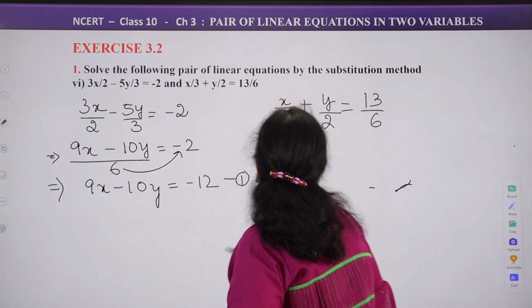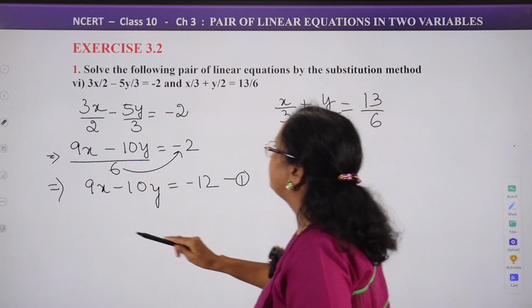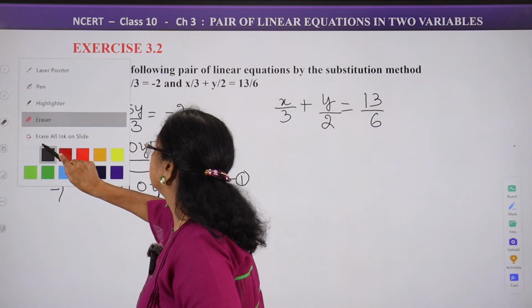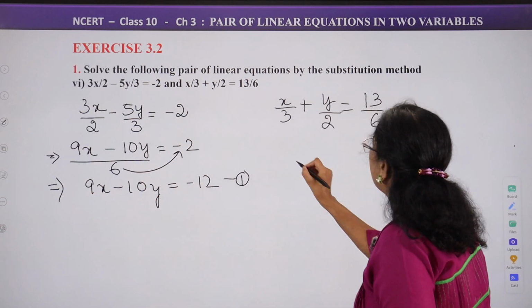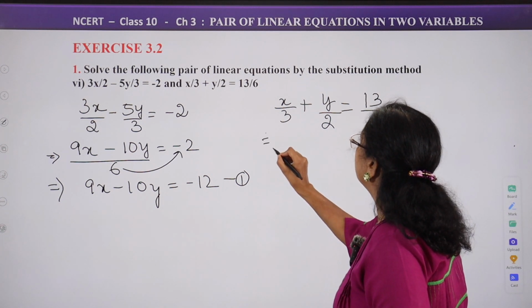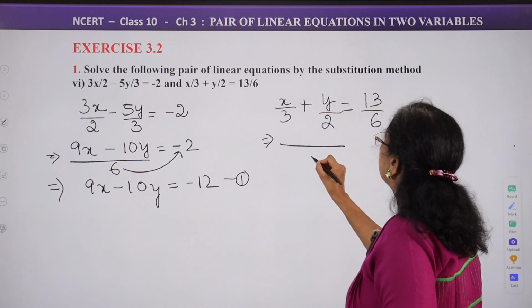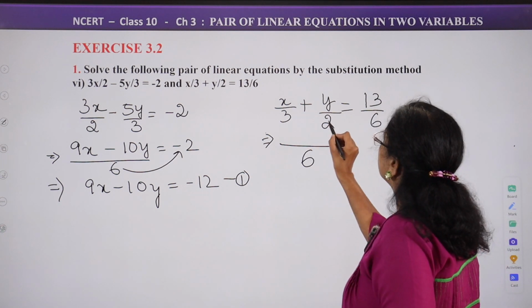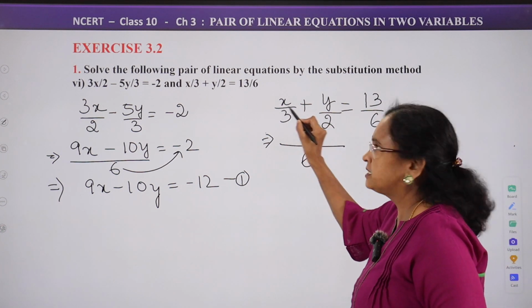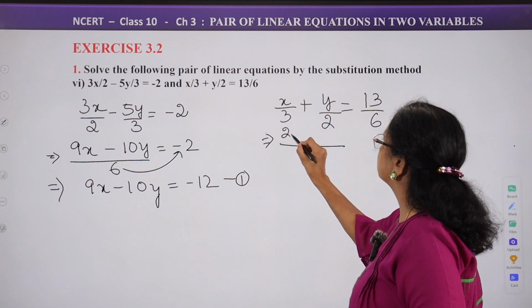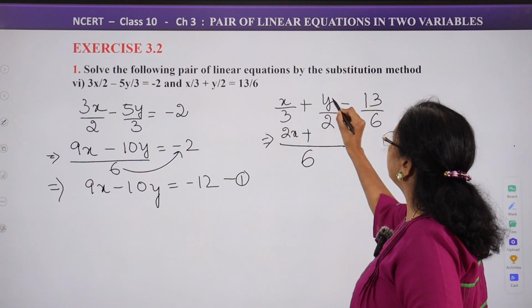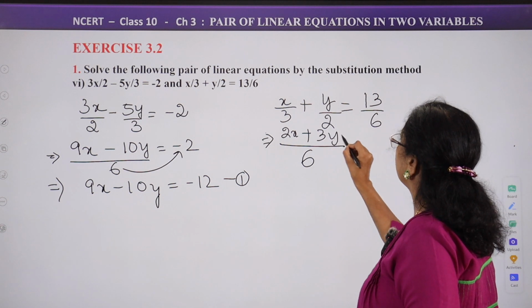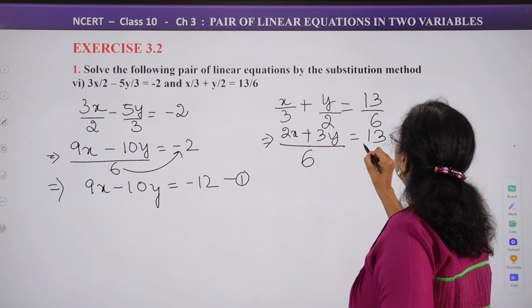Now, this equation again we will bring to the integer form. The LCM of 3 and 2 is 6. So 2x plus 3y over 6 is equal to 13 by 6.